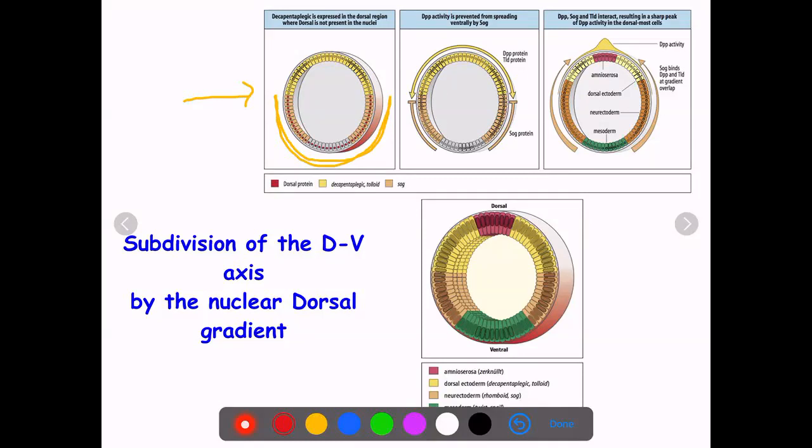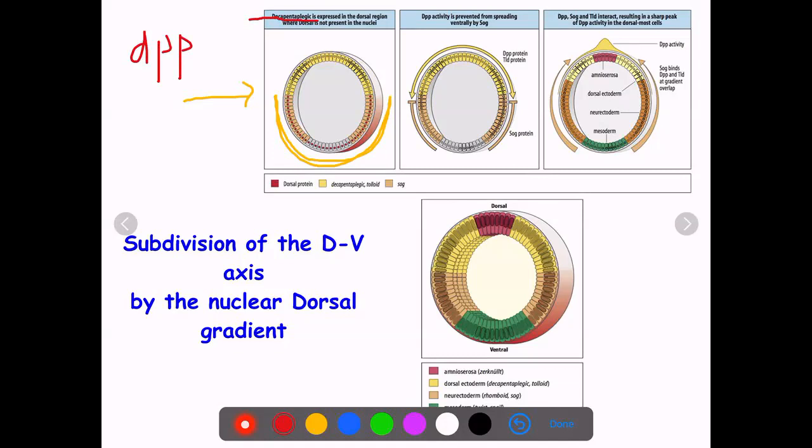So a totally different set of signaling will be turned on. I wish you could read it here: decapentaplegic, DPP. Decapenta means 15, and plegic means defect or phenotype. So it has 15 different phenotypes.